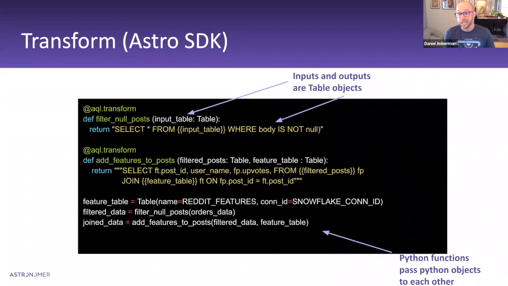So if we know it's a table, we'll treat it like a table. If we know it's not a table, we'll treat it like a safe object to make sure that there's minimal surface area for SQL injections. And once you've written these functions, you can actually pass them to each other as if they're just regular Python functions. So you can create a table, pass that into one function, pass that into another, and Airflow automatically sets the dependencies.